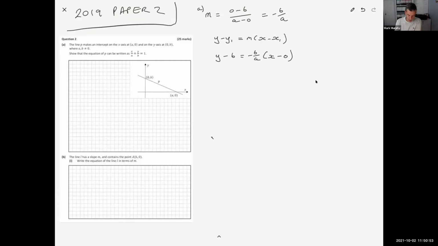Now I bring the a across here, so we get ay minus ab is equal to minus b times x. Again, just be a bit careful with the numbers.